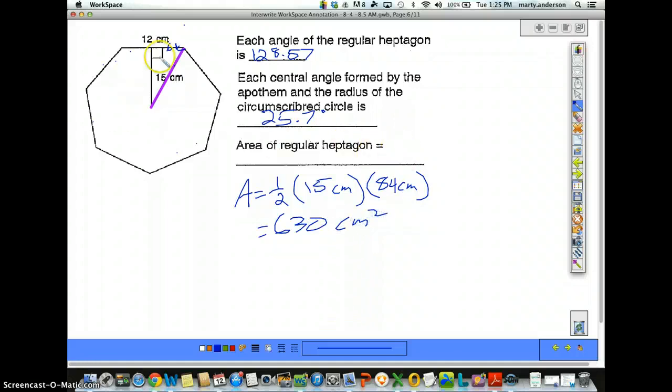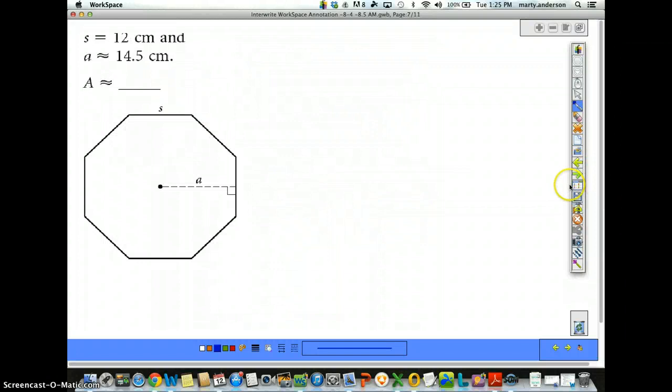I would imagine there's problems coming in our future that the apothem is unknown, and we'll have to use either the angle measurements or the hypotenuse, which is the radius of the right triangle. Here we have the apothem is 14.5. Side length is 12. Find the area.